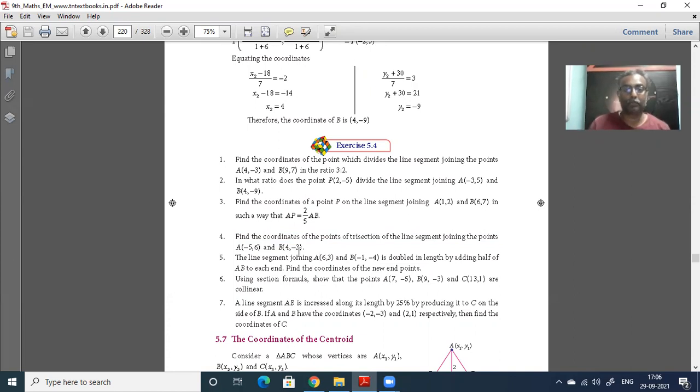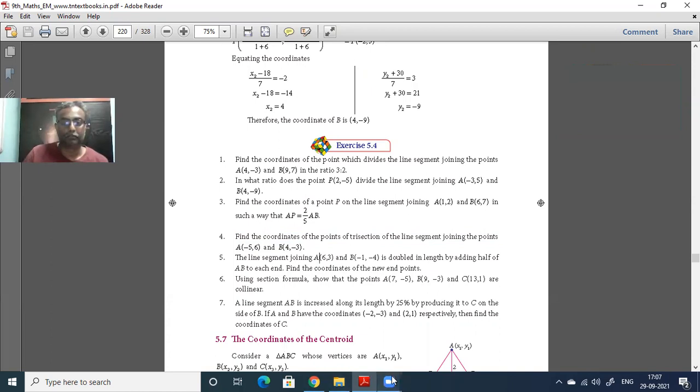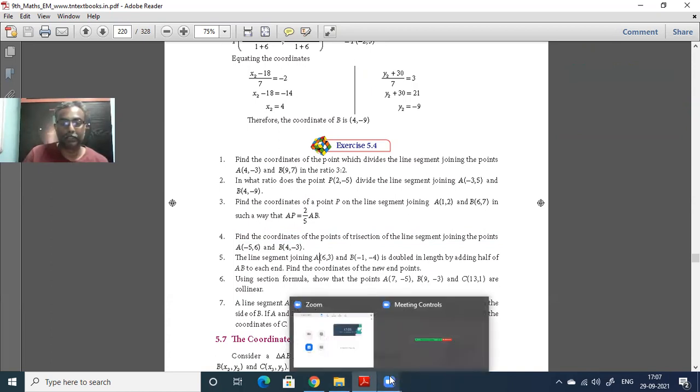Okay. Let us now do sum number 5 and see. Sum number 5 we should do now. The line segment.